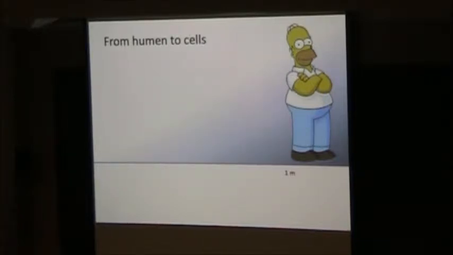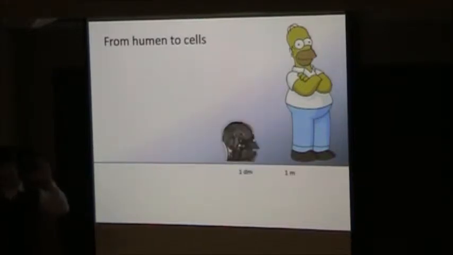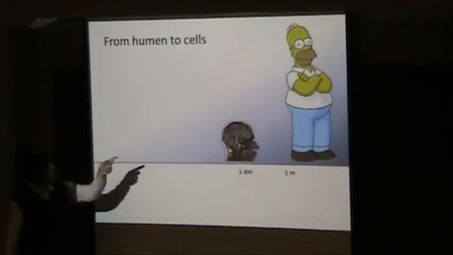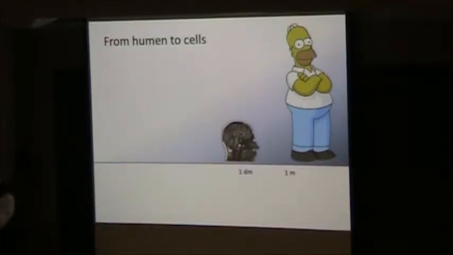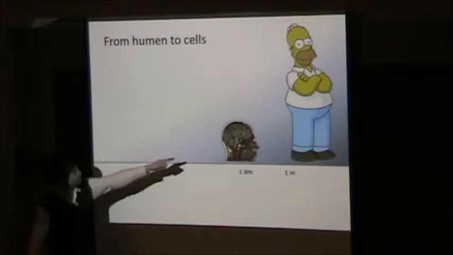And if we want to understand, for example, how the brain functions, then we'll have imaging methods that look at the brain. This is like the decimeter scale, and of course, for this particular person, the brain anatomy is definitely not like this.